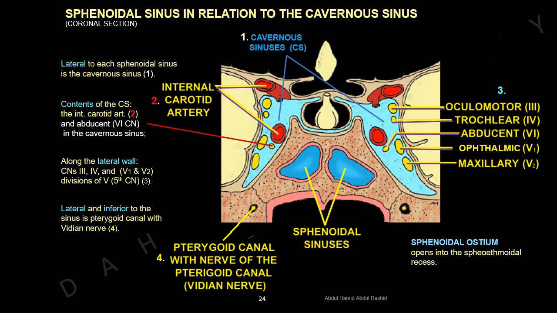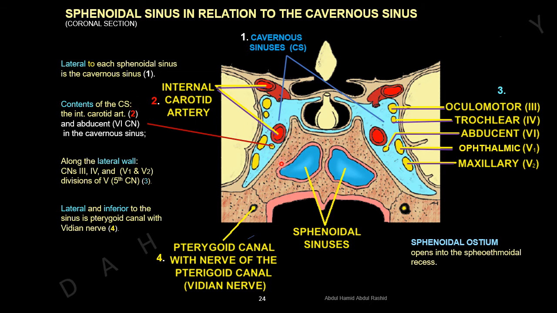Sphenoidal sinus in relation to the cavernous sinus. This is a pair of sphenoidal sinus in the body of the sphenoid bone. Above is the pituitary gland. Lateral to the pituitary and sphenoidal sinus is the cavernous sinus, number 1. Inside the cavernous sinus, we have an internal carotid artery and 6 cranial nerves.